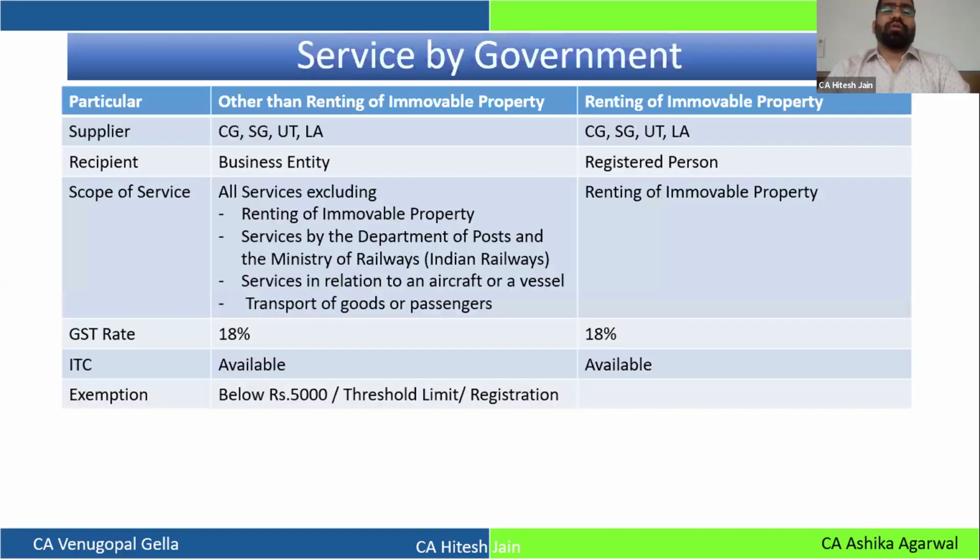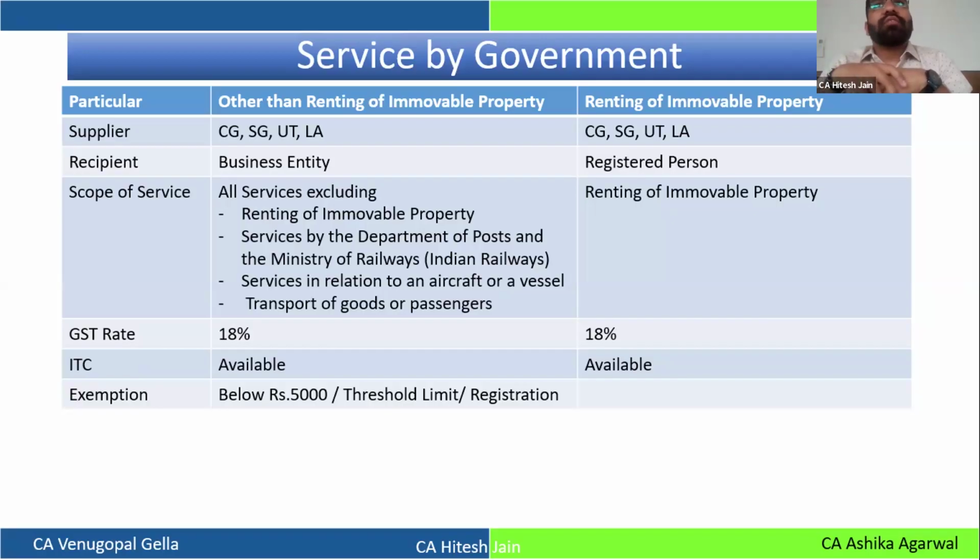Now coming to the government services. So in case of government services, if my supplier is central government, state government, union territory or the local authority, then the recipient is a business entity, then all the services received from the government will be taxable under reverse charge basis at the rate of 18%.